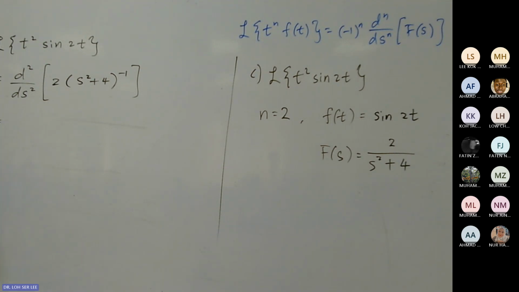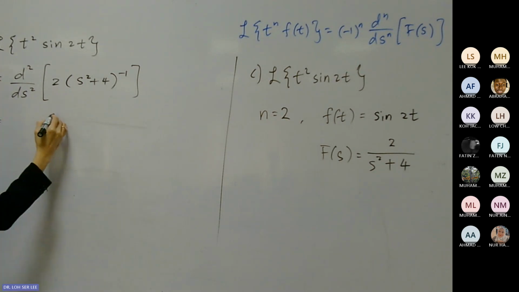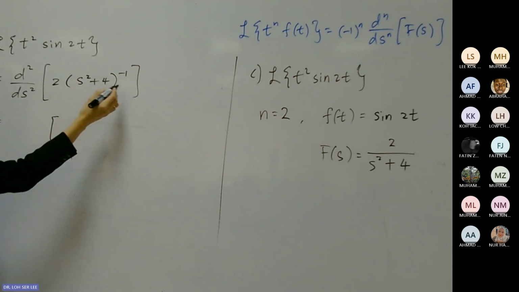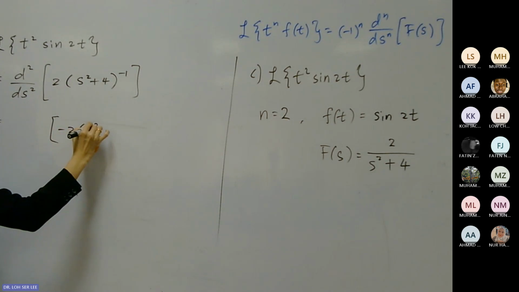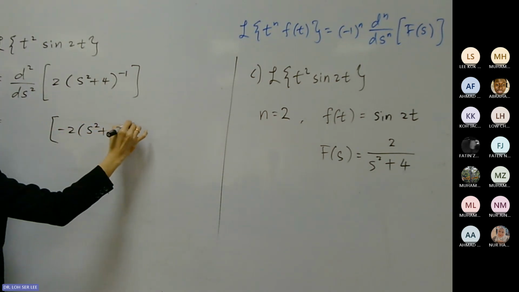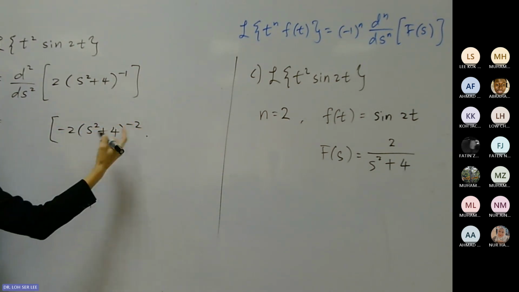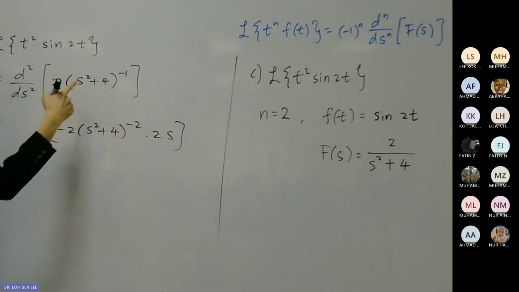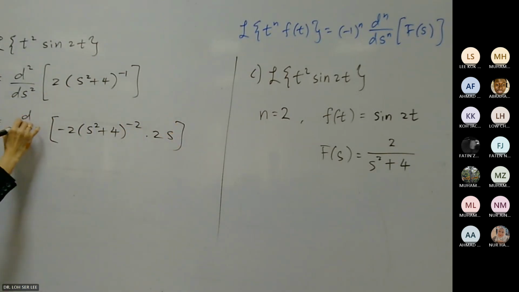Okay, so now when we start to differentiate this one, negative, -2, (s squared plus 4) to the power -2 times 2s. So after you differentiate one time, you are left with another time. That's why you have d over ds once more, because we have done one time of differentiation, so this will be changed into this.